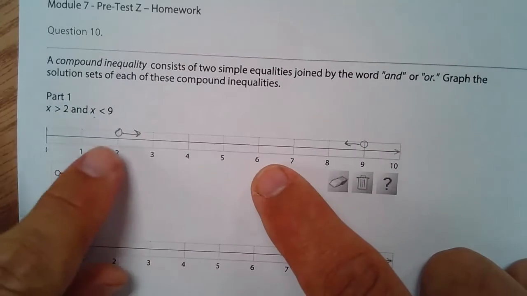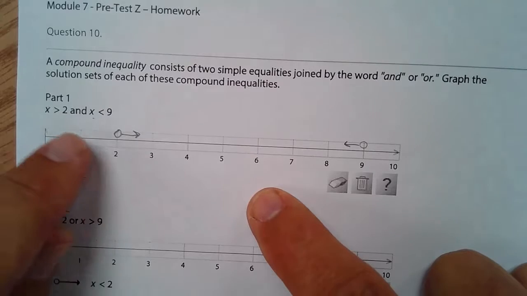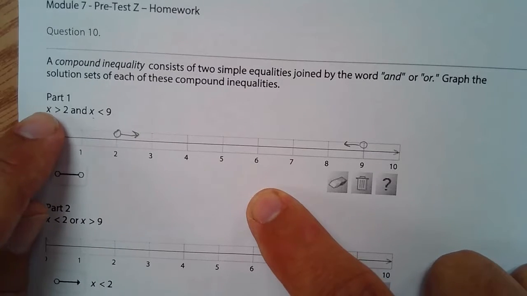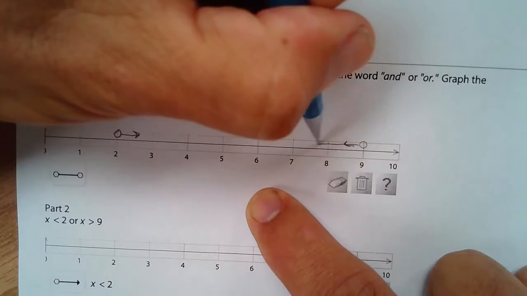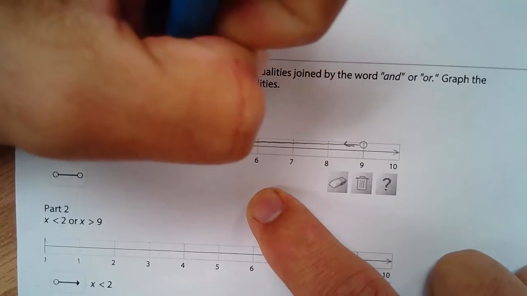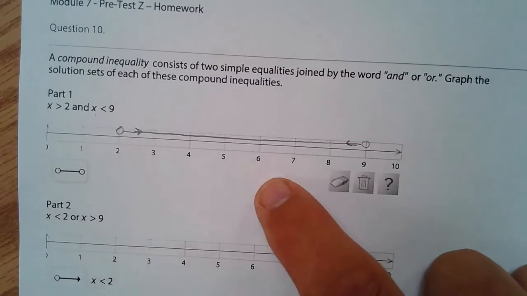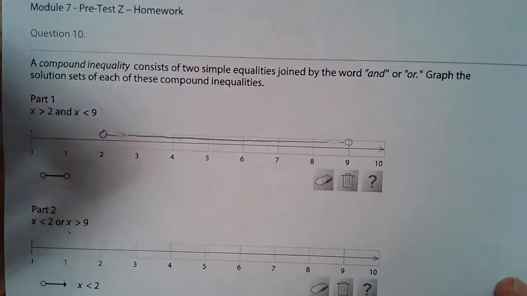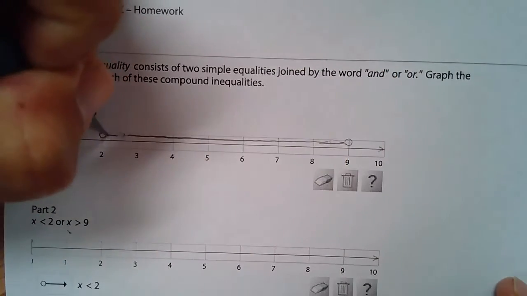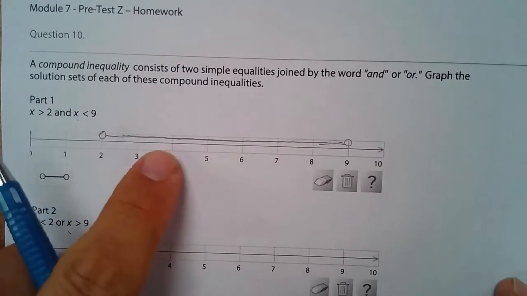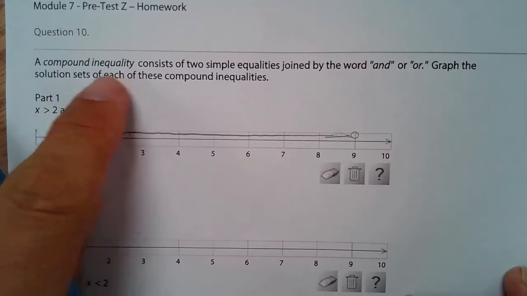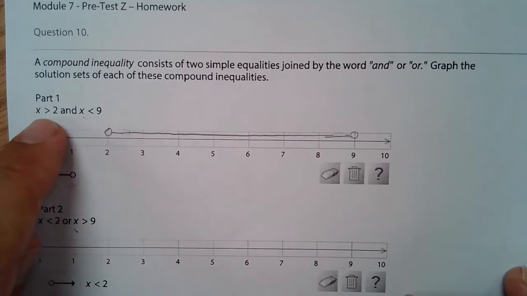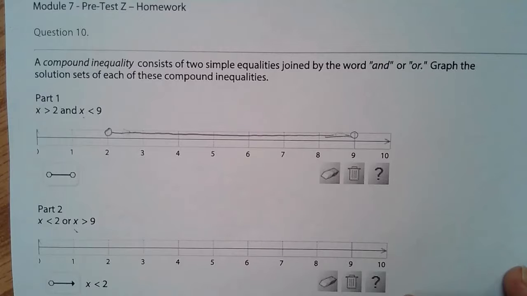What are the numbers that are greater than 2 and also less than 9? It's all these numbers here. So we join this up, and I'll get rid of those little arrows because now we can see it's just those numbers. This is the graph of the compound inequality.